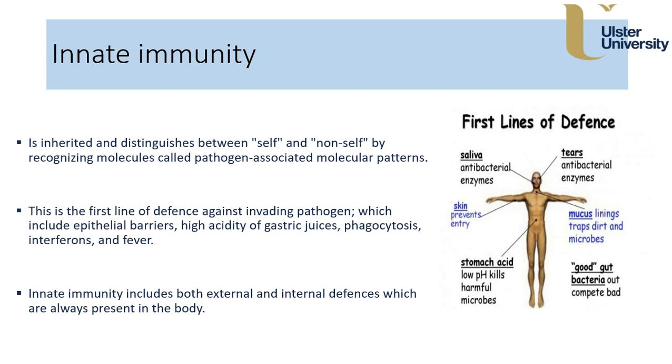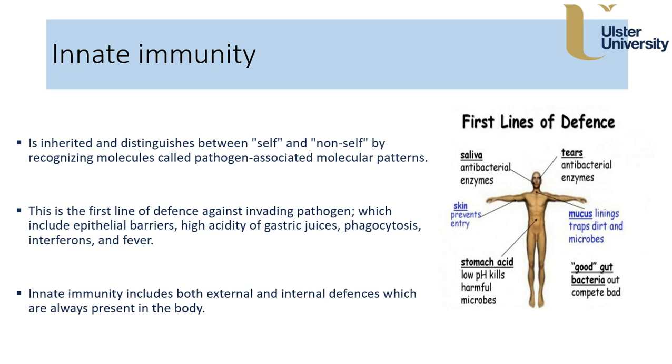The main aim of the innate immune system is to distinguish between self and non-self. And it does this by recognizing molecules called pathogen-associated molecular patterns, or PAMPs. And PAMPs are molecules that are found on the cell surface of non-self, or pathogens or microbes.